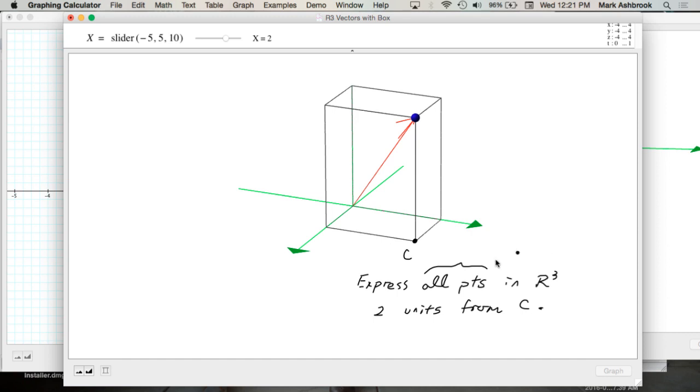How do I represent that symbolically? Nope. So we need an arbitrary point, right, to express all points.